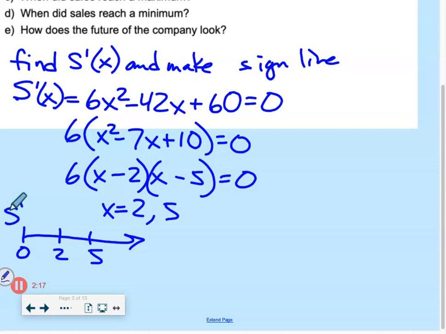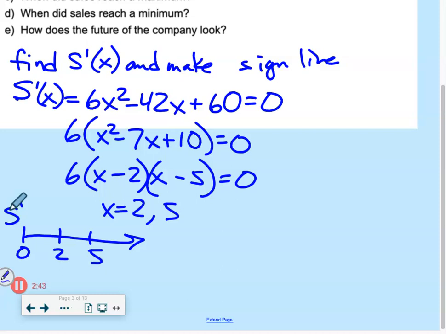But number two, the label tells you where to plug in. If I got these numbers from S prime, that's where I'm plugging in to find my signs. Because the whole point is I want to know where the derivative is positive, because wherever the derivative is positive, that means the slope is positive, which means the function is increasing.